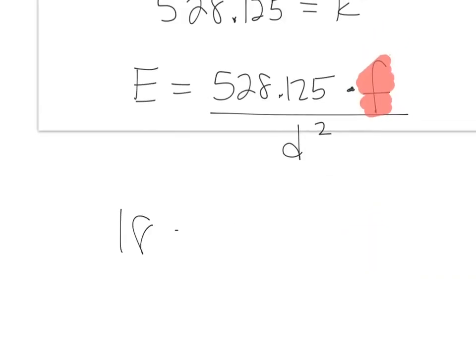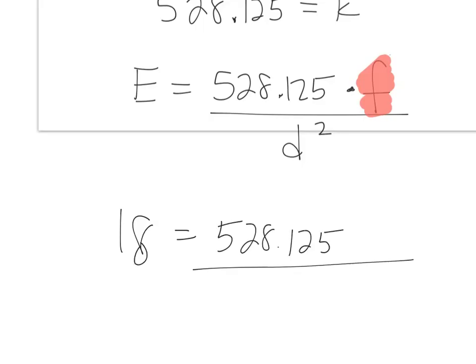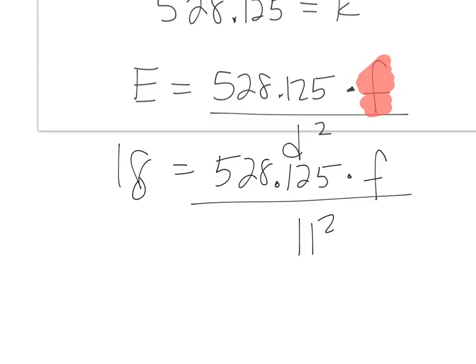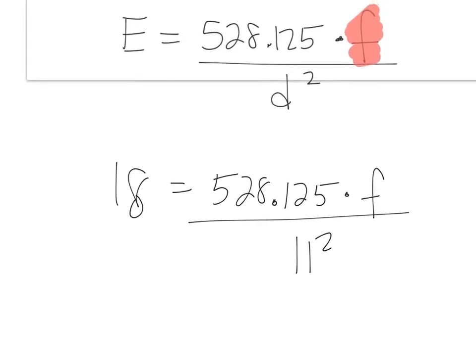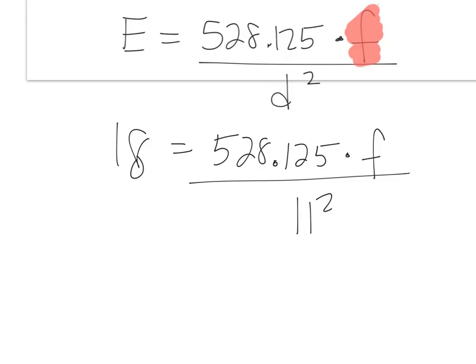So I've got 18, and in the denominator, I've got an 11, and that's going to be squared times F. So all we need to do here is solve for the charge F. And that's what we'll end up getting, which is around, I think exact, 4 1/8, 4.125, is that what it comes out to be?